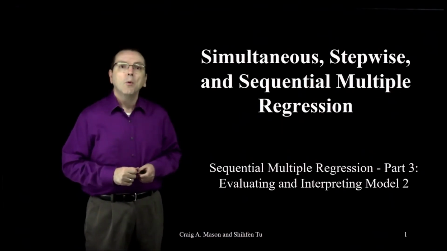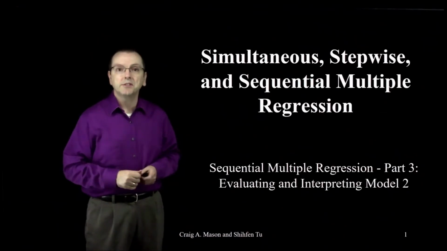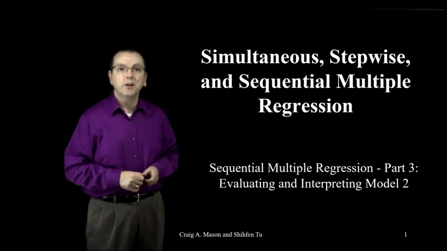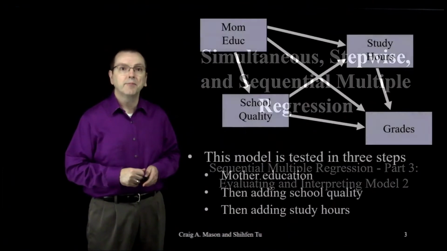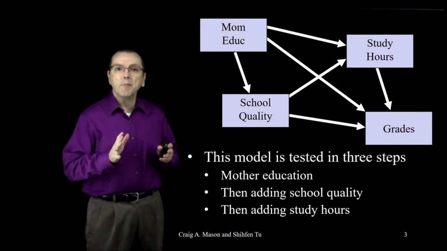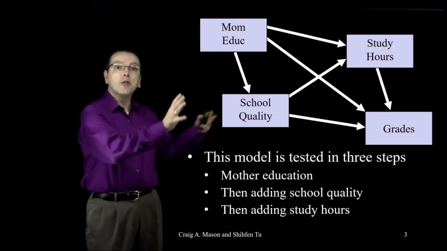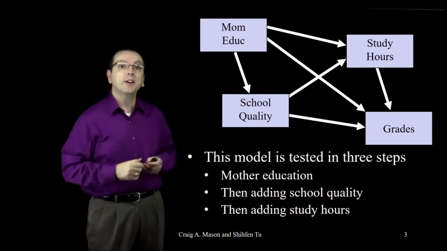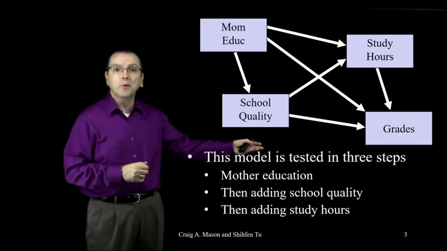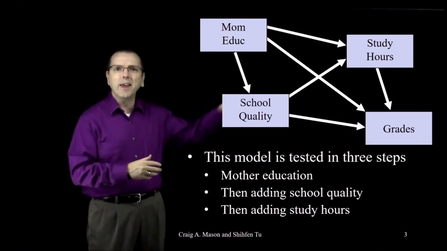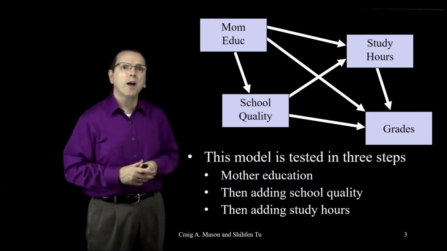In this video, we'll move to the second step of our sequential multiple regression example, starting to work our way through the causal sequential model. We initially mapped out how we believed our three predictors, mother's education, school quality, and study hours, influenced our outcome grades, and how they influenced each other as well.